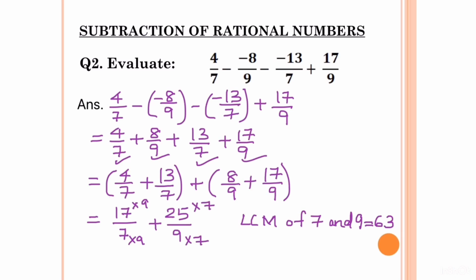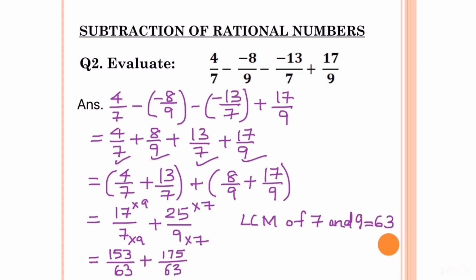So now this expression is equal to 17 times 9 is 153 by 63 plus 25 times 7 is 175 by 9 times 7 is 63.